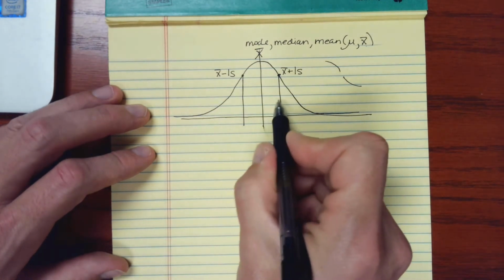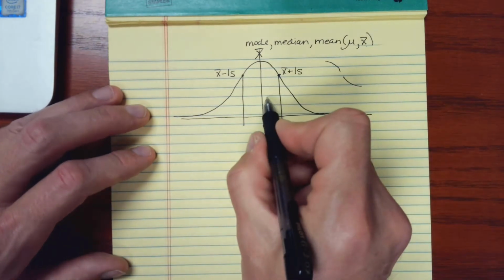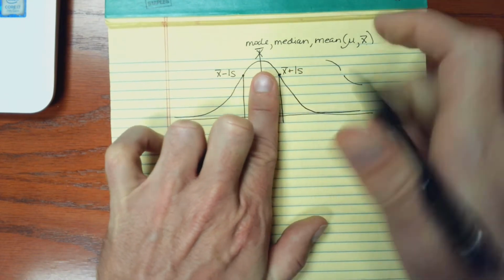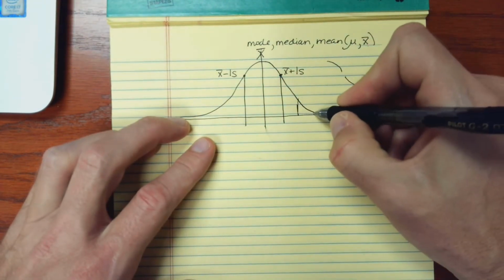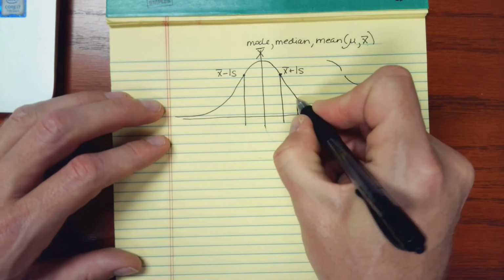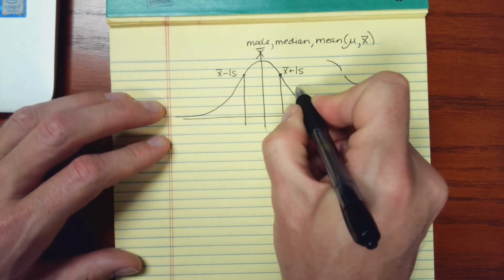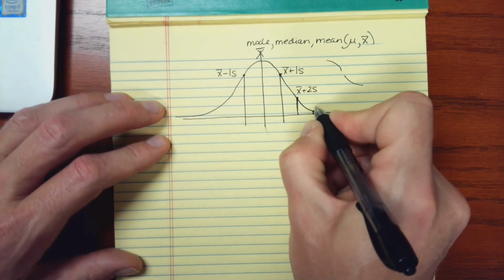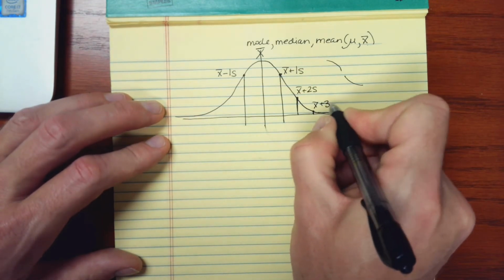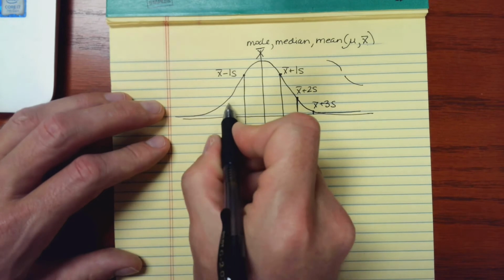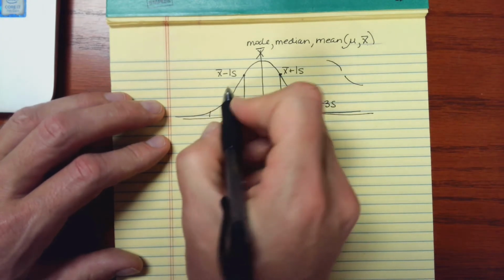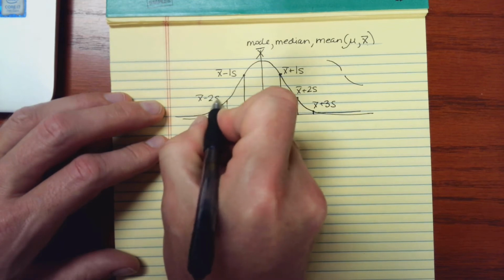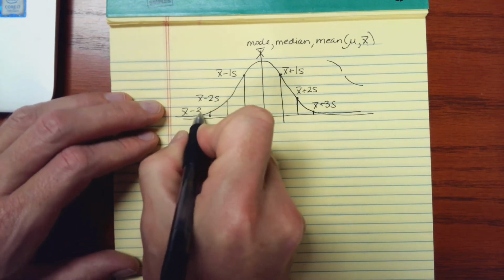Since I know the width of a standard deviation is basically this width, I can actually add another and even another, and this would be the mean plus 2 standard deviations, and then this would be the mean plus 3 standard deviations. And I'll do the same in the other direction. Here I'm subtracting standard deviations, so I have the mean minus 2 and the mean minus 3.